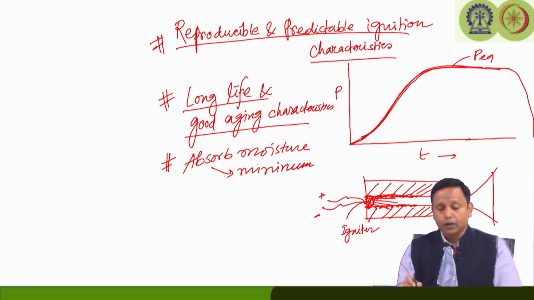The chemical property or chemical quality of certain ingredients may even change. For example, certain metallic fuels, if they absorb moisture, may not remain the same good quality. Certain crystals may form different crystal phases, which will eventually lead to lower quality of performance. So, the propellant should absorb a minimum amount of moisture. Okay.